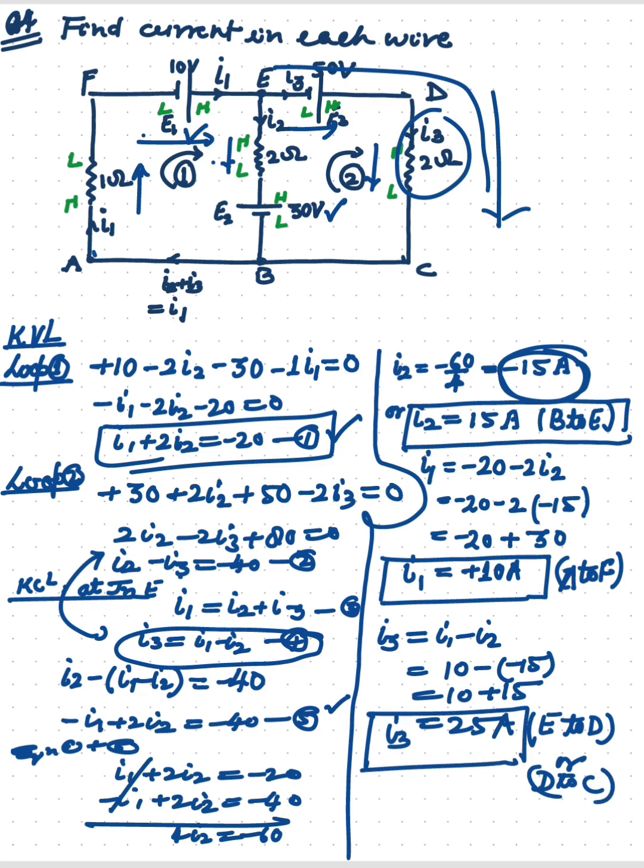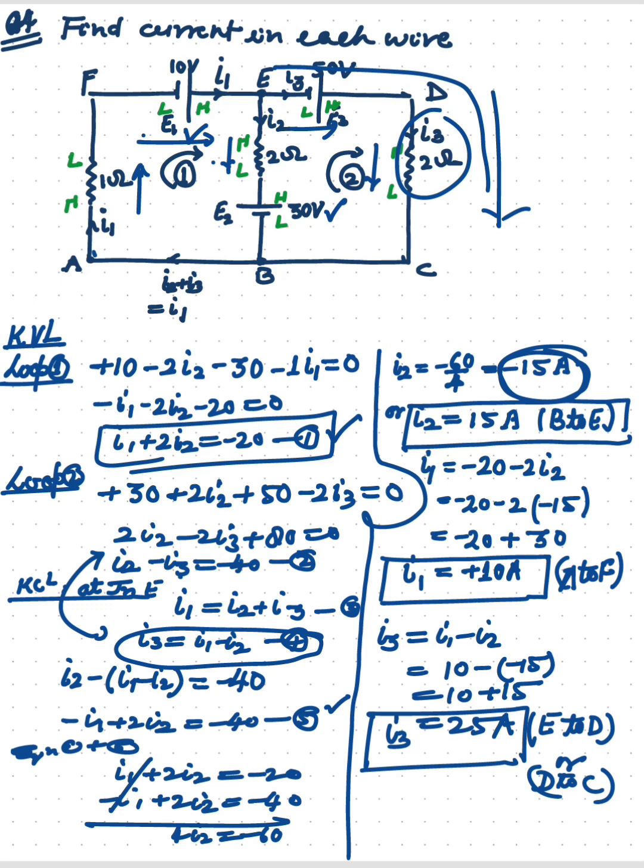Okay. So concepts clear. KVL and KCL problems. So there are so many problems we can solve. The fundamentals are clear, and I solved the problems by different considerations of the current. So I hope your concept is clear.